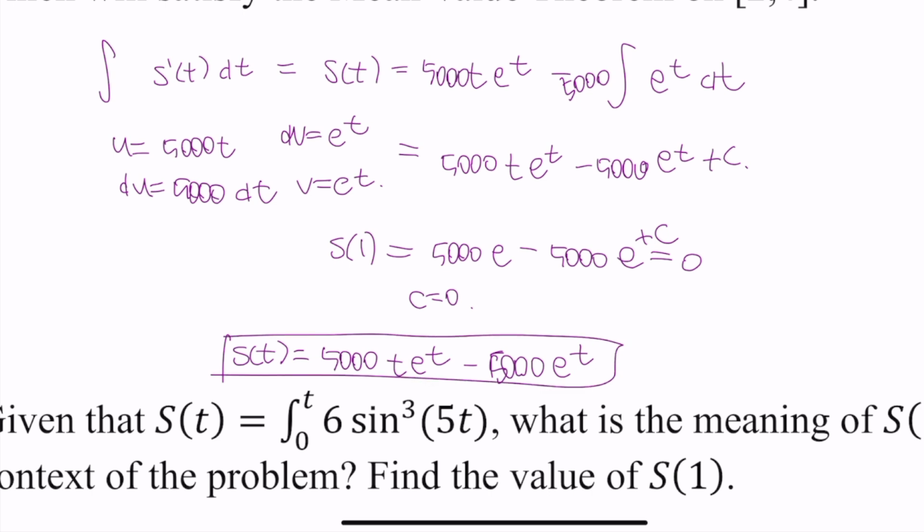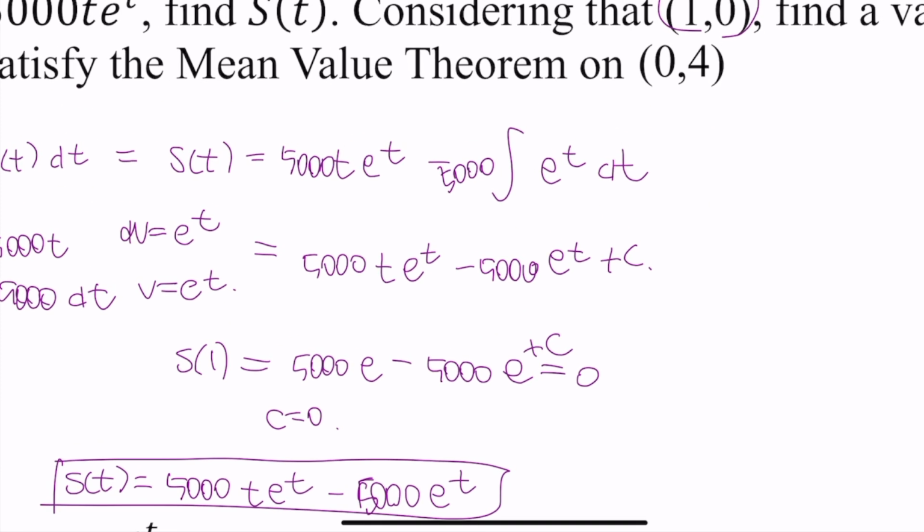Okay, so this will be our s of t function. And then it says to find a value c which will satisfy the mean value theorem on 0 to 4. This means that s prime of c is going to be equal to s of 4 minus s of 0 all over 4.